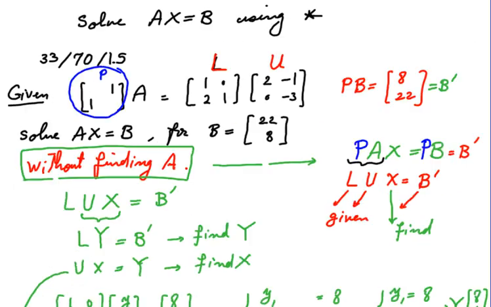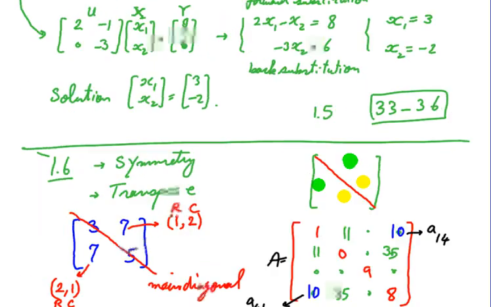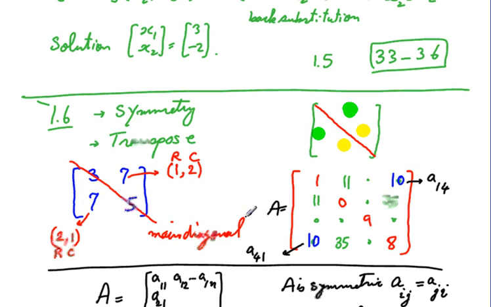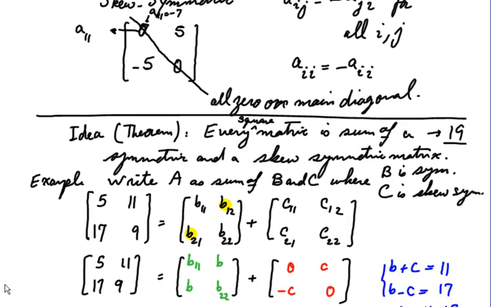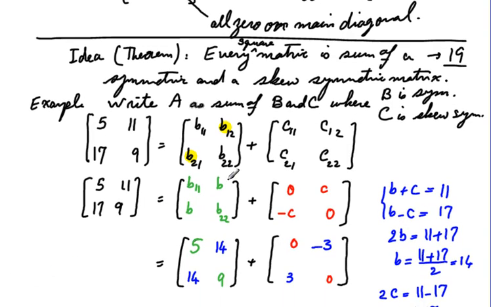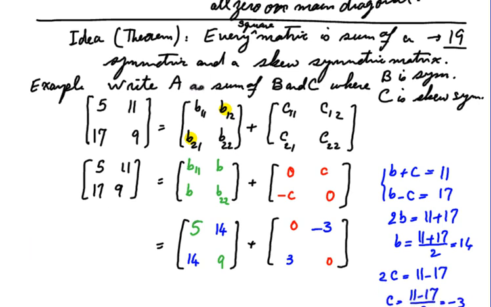Okay, so we talked about symmetric matrices and skew-symmetric matrices. That brings us to the idea of, well, we are looking at the matrix, looking at some entry here, and looking at the symmetrically positioned entry there.